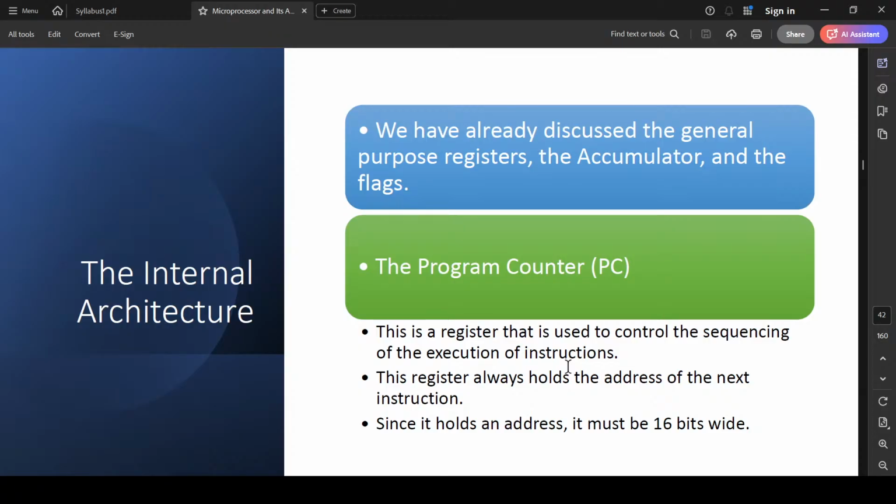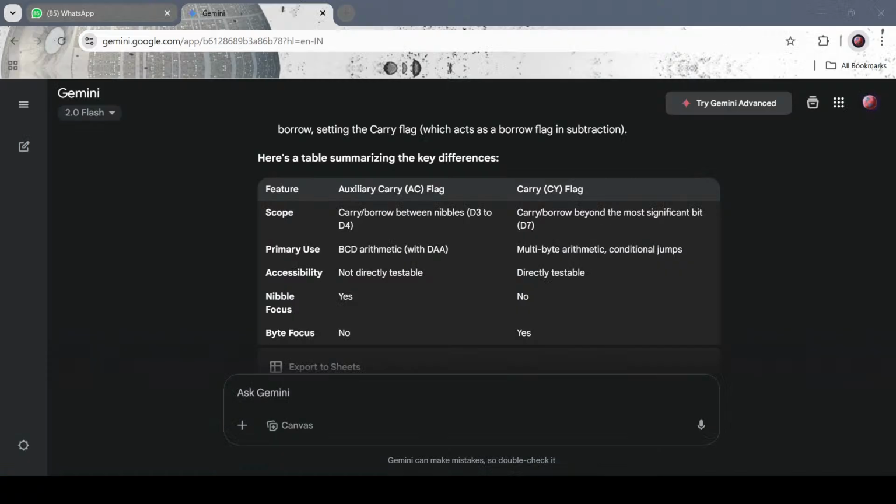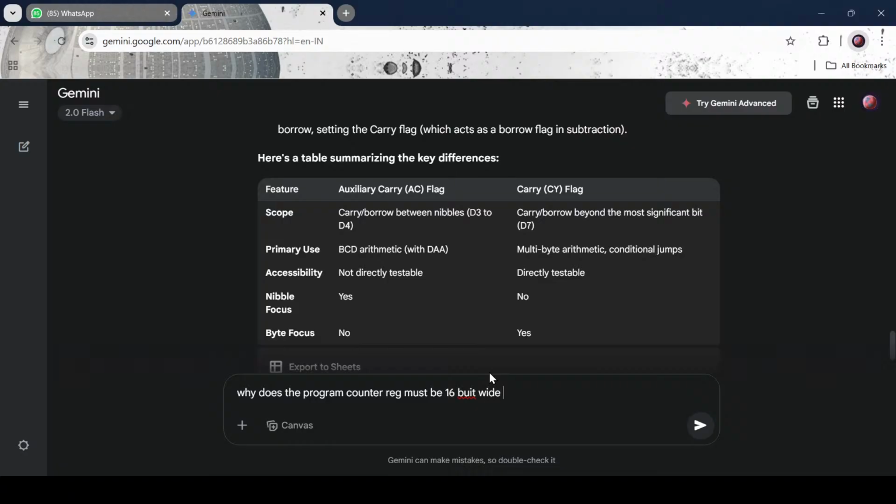Let's ask our bro Gemini. Why must the program counter register be 16-bit?